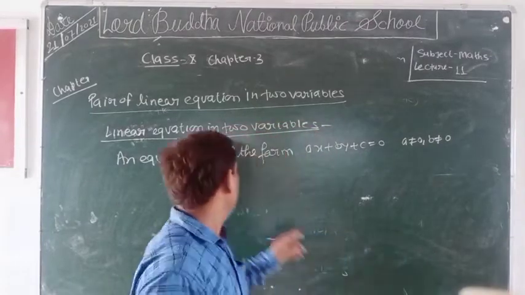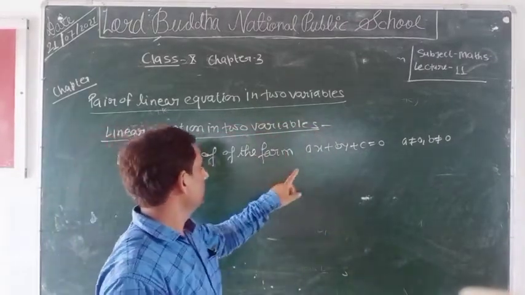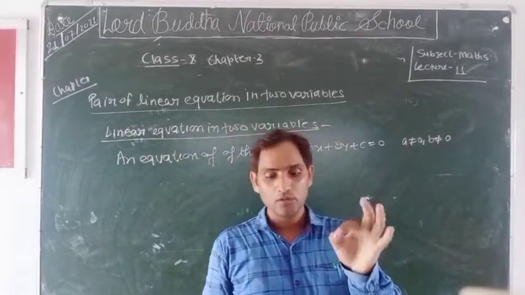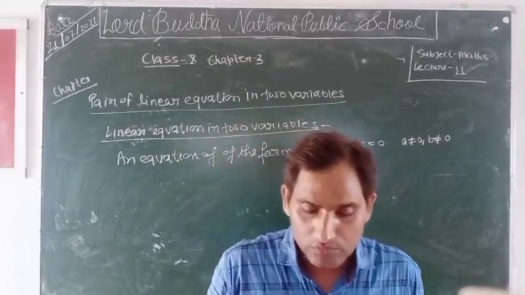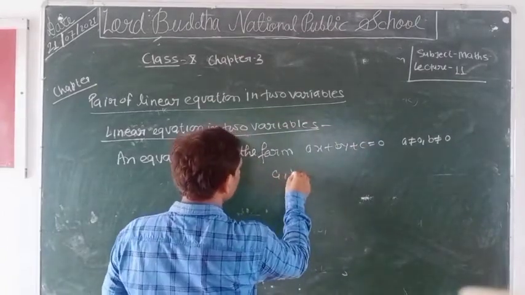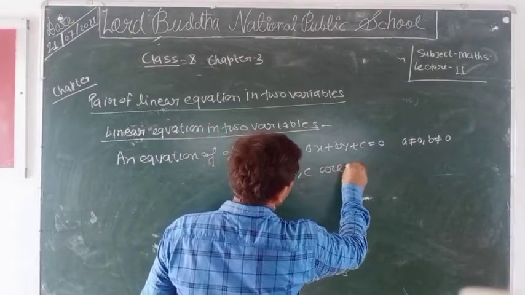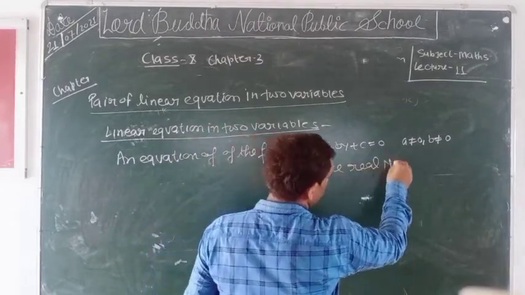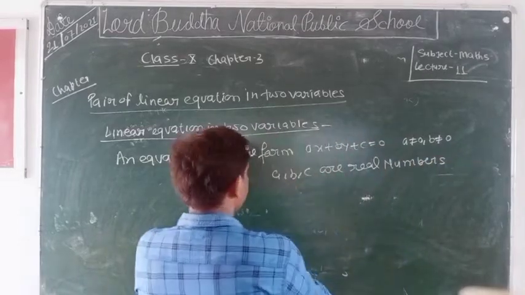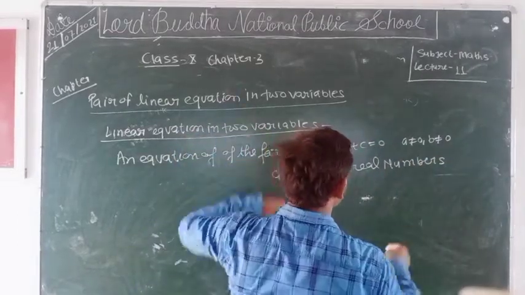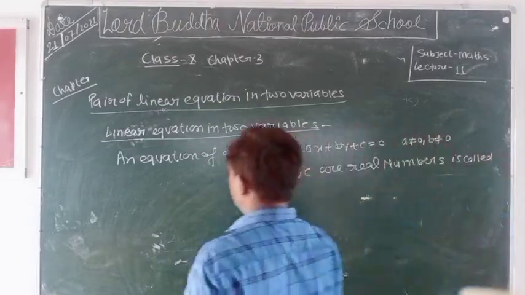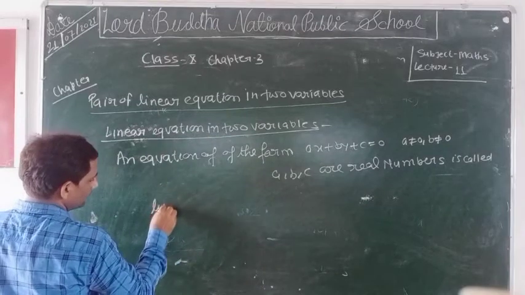An equation of the form ax plus by plus c equal to 0, where a not equal to 0, b not equal to 0, a, b, c are real numbers. Okay?